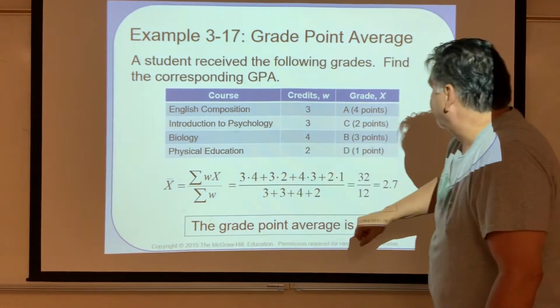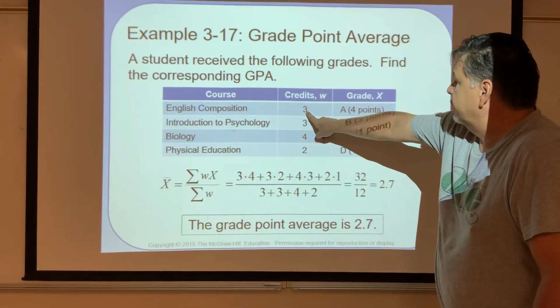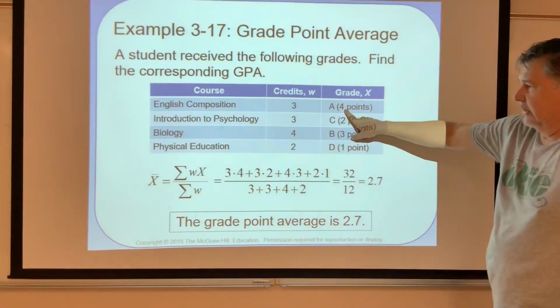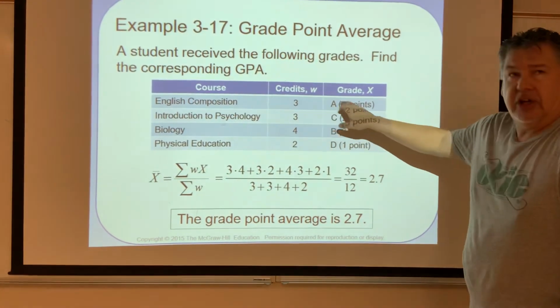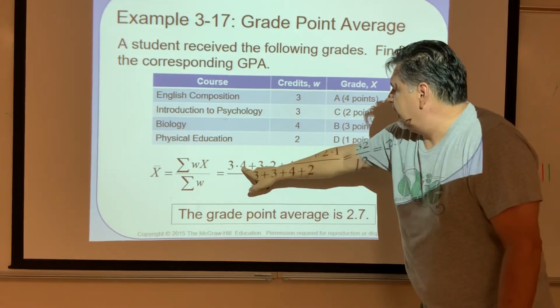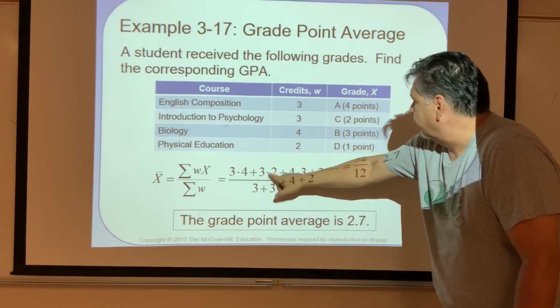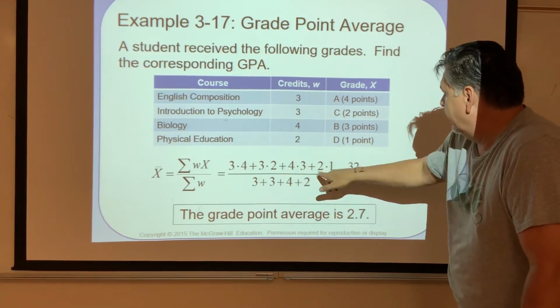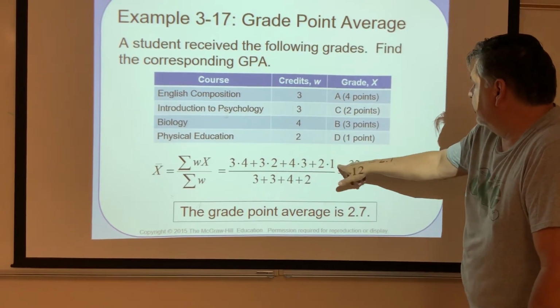So 3 times 4. 3 is how many credits there are, and they're worth 4 points. So we multiply across credits and the grade: 3 times 4 plus 3 times 2 plus 4 times 3 plus 2 times 1.